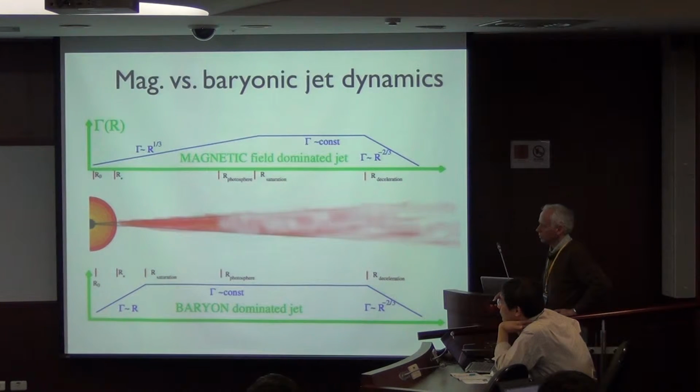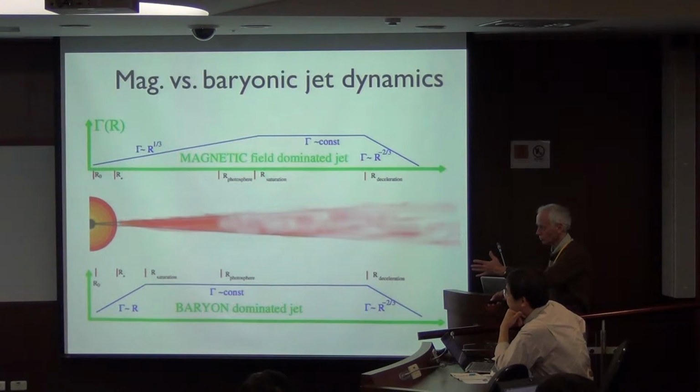Then the bulk Lorentz factor grows initially with radius linearly, and from then on there is no more internal energy to put into bulk energy, and the bulk Lorentz factor is just constant. The photosphere typically occurs in these regimes where the Lorentz factor is coasting.